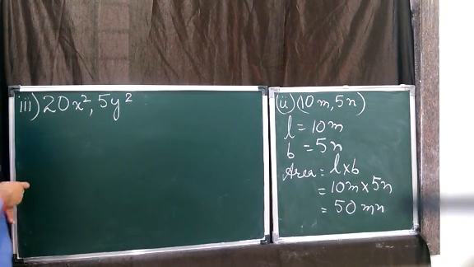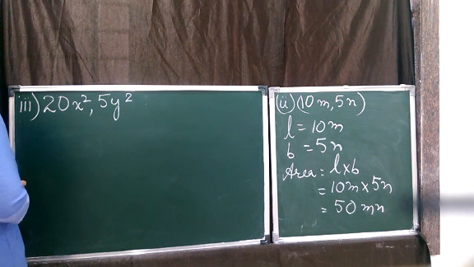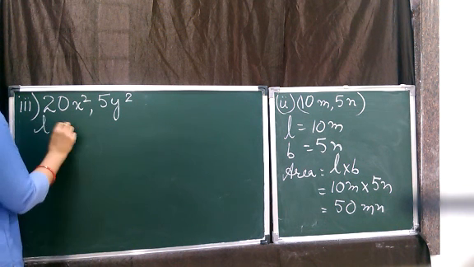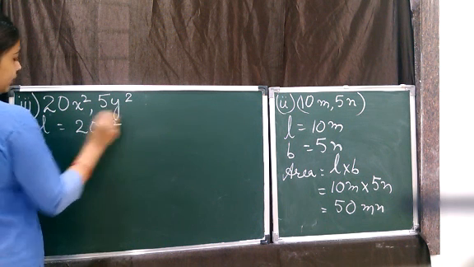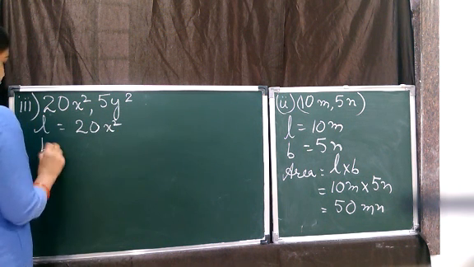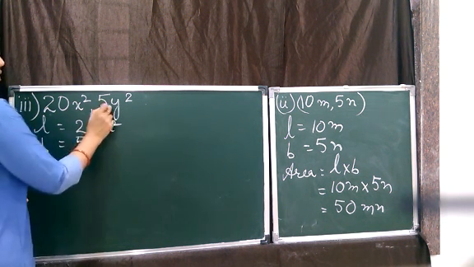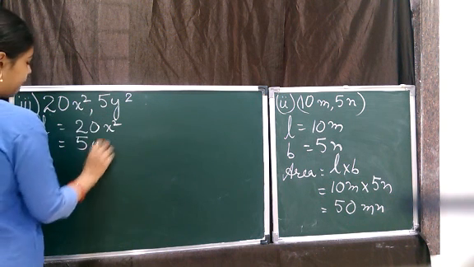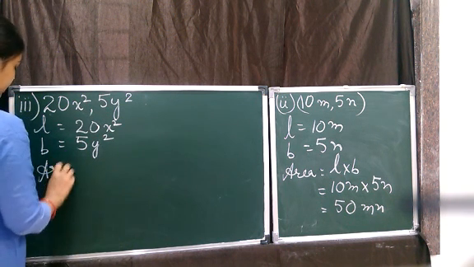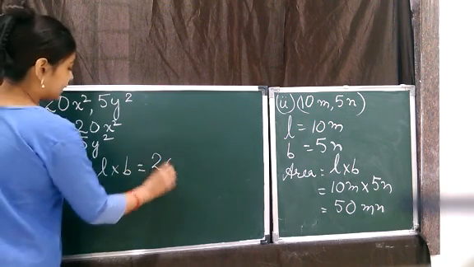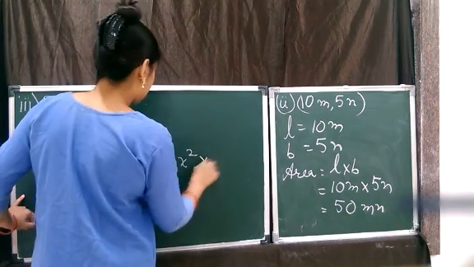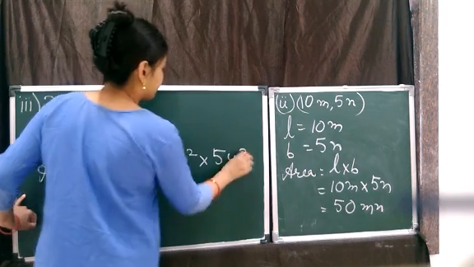x square and 5y square. So again we write the length. The length is the first one. So that is 20x square, and breadth is the second term, 5y square, and we already discussed the area is given by length into breadth, that is 20x square into 5y square.